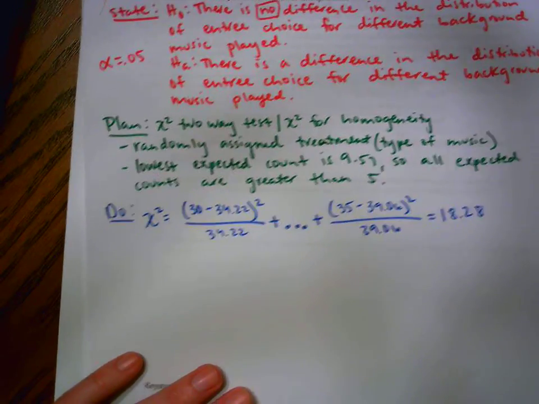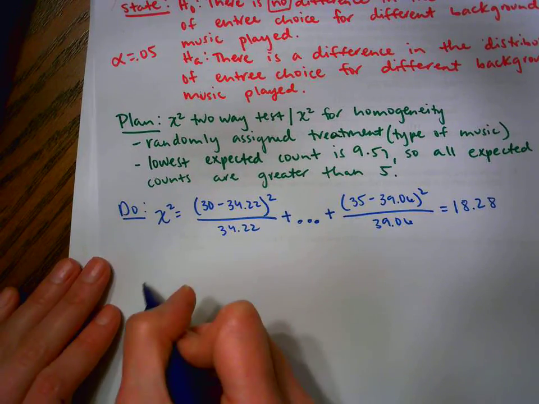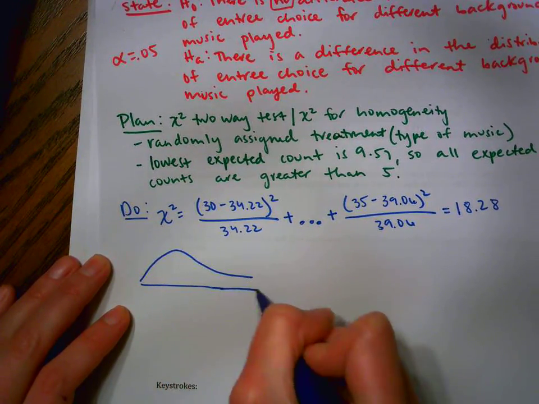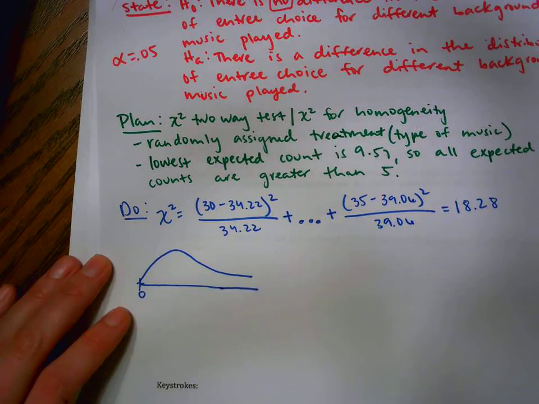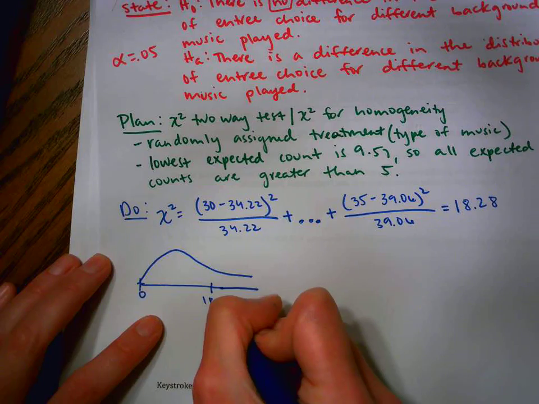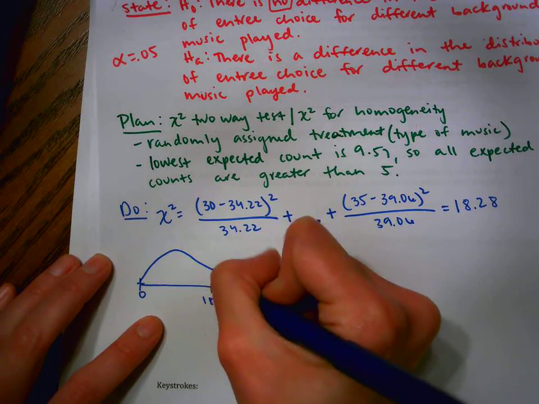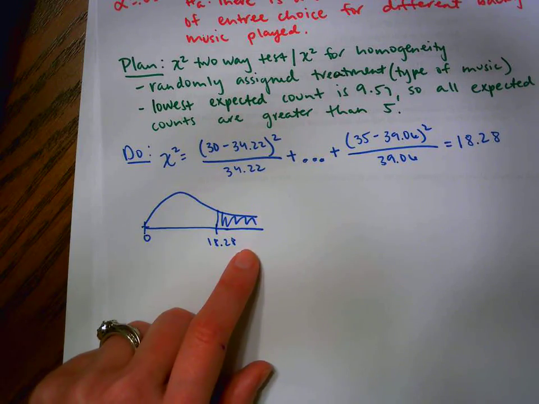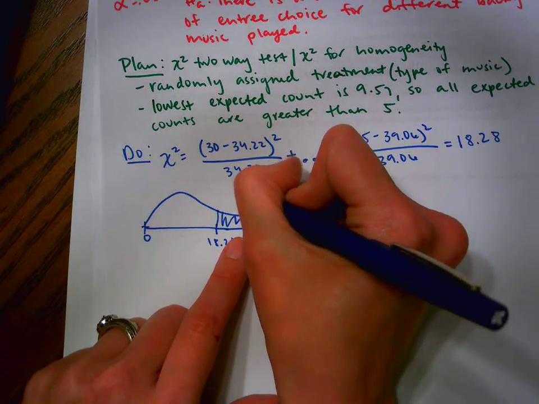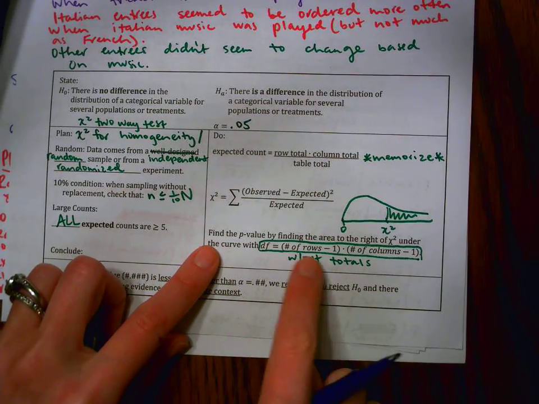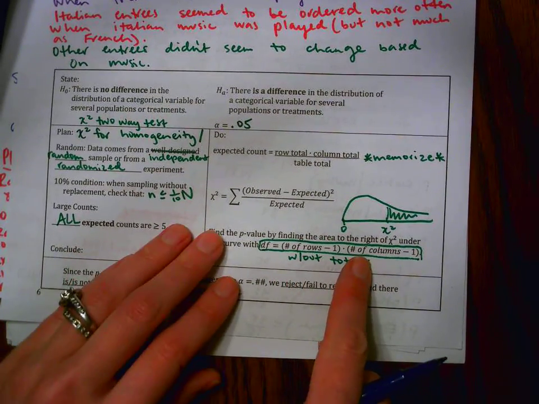So what does that mean for our chi-square distribution? That is our test statistic, 18.28, and we shade to the right. Now I probably should have put it further to the right, but I also need to write down my degrees of freedom. What is our formula for degrees of freedom? Number of rows minus 1 times the number of columns minus 1.